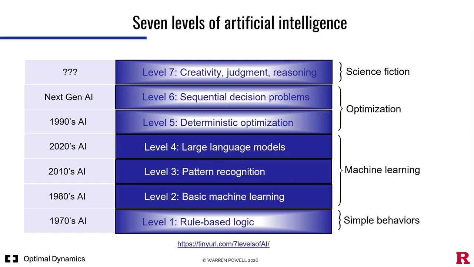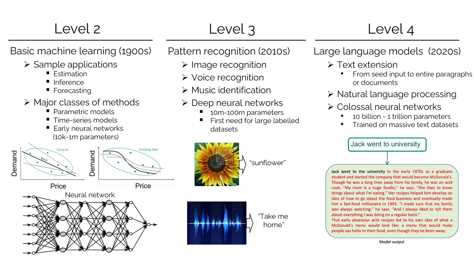Now, levels 2, 3, and 4 are all a form of machine learning, but I put them at different levels because they really are quite different. So level 2 was basic statistics back in the 1900s, forecasting, estimation using linear and nonlinear models, and the early neural networks. Level 3 was pattern recognition, emerged around 2010.